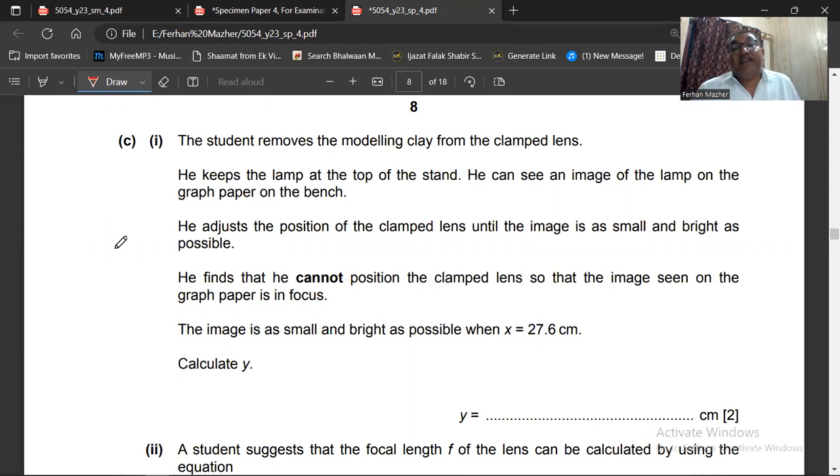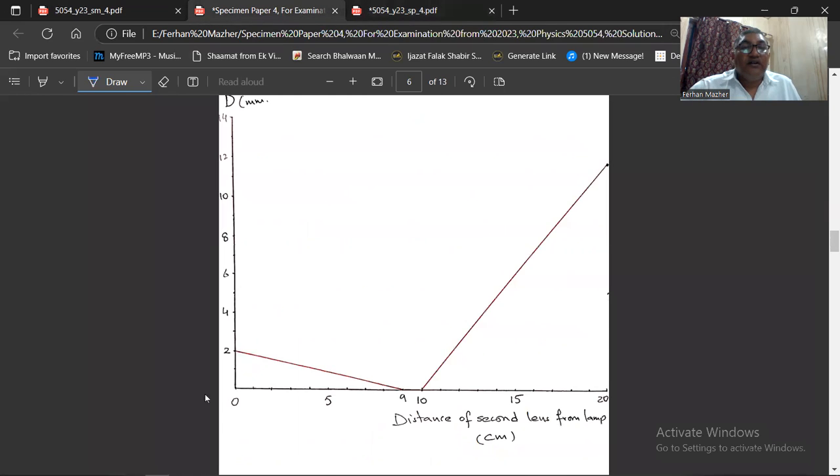He finds that he cannot position the clamped lens so that the image seen on the graph paper is in focus. The image is as small and bright as possible when x is equal to 27.6 centimeter. Calculate y.